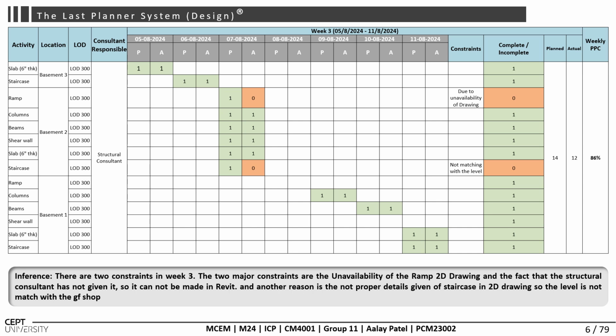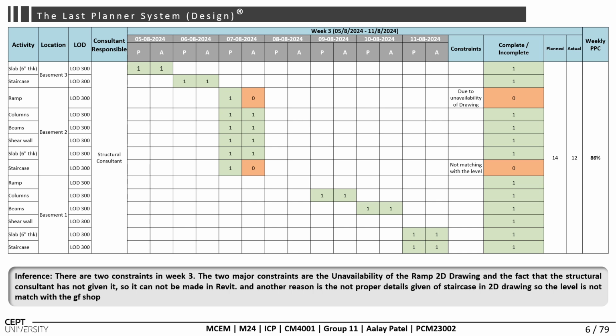These two are the major constraints: the unavailability of ramp 2D drawings and labels not matching in the 2D drawings. So these were the constraints identified and resolved at a later stage.